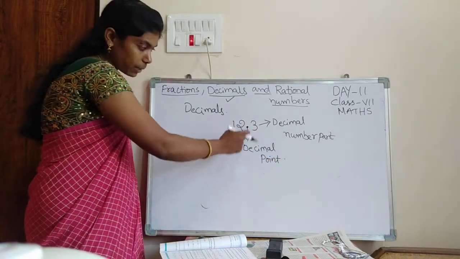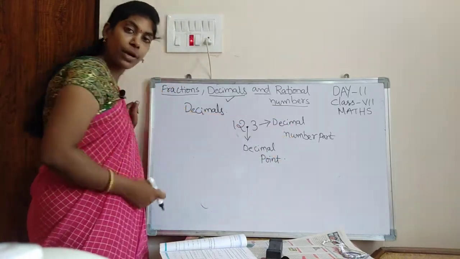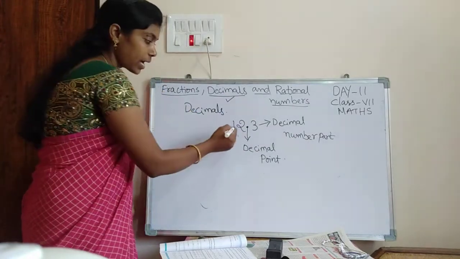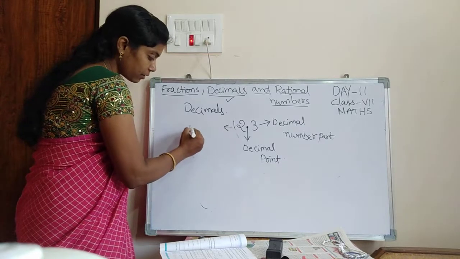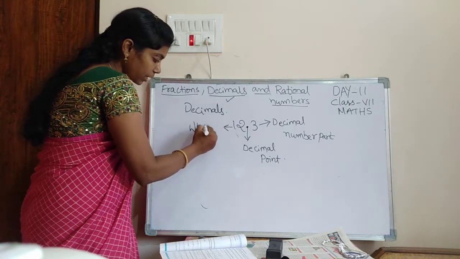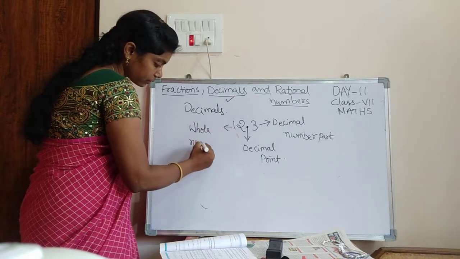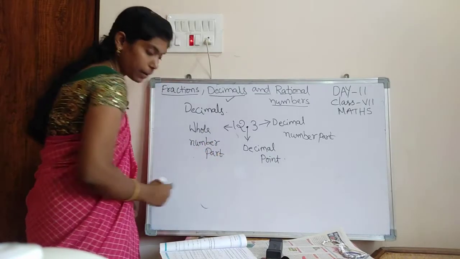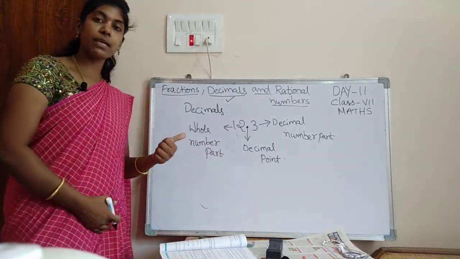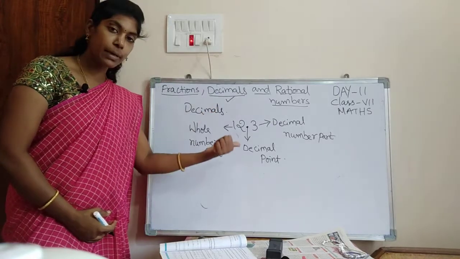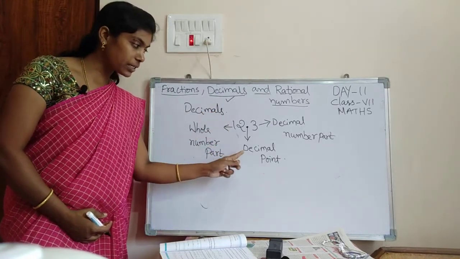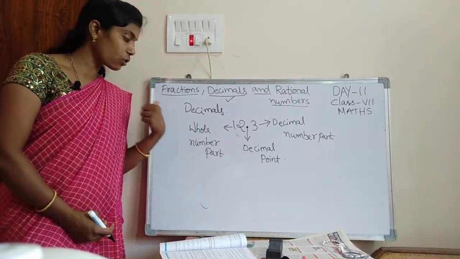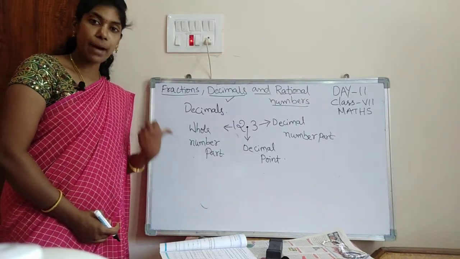After the decimal point, whatever is there we call the decimal number part, and before the decimal point we call it the whole number part. Between them is the decimal point.